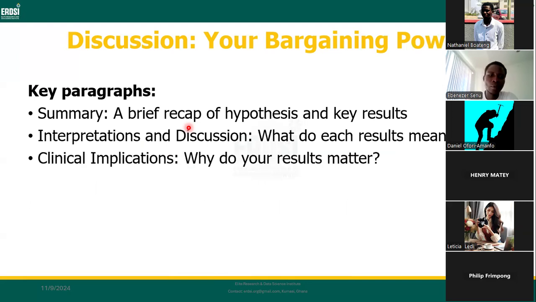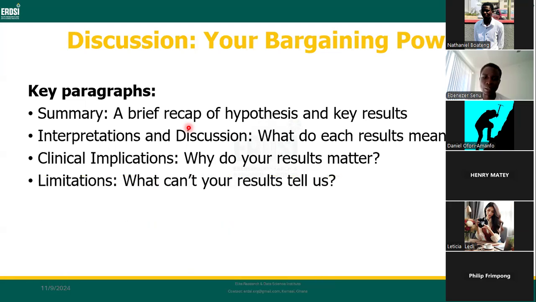Then after you are done discussing each objective under different paragraphs, we want to see the clinical implication. Mostly it's recommended that you have a clinical implication. What does your result mean? In biomedical research, we mostly want to see what is the clinical implication of our finding.